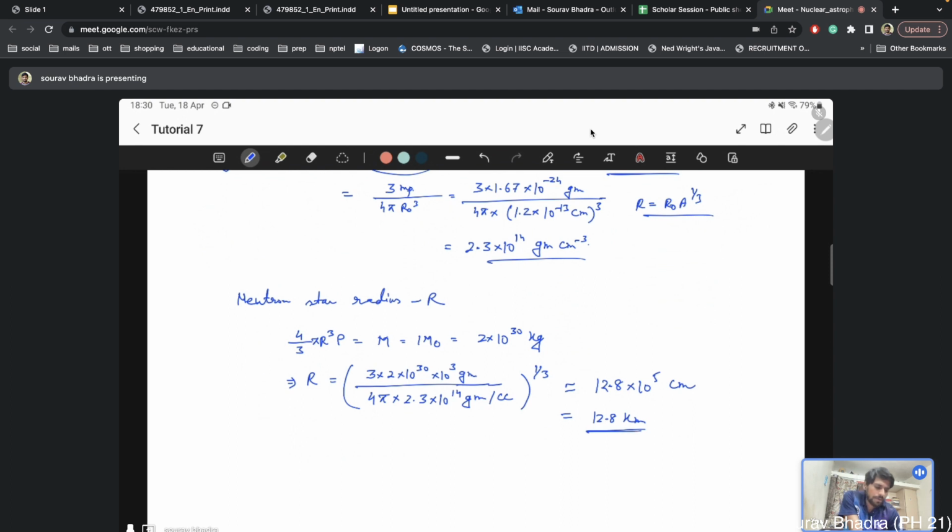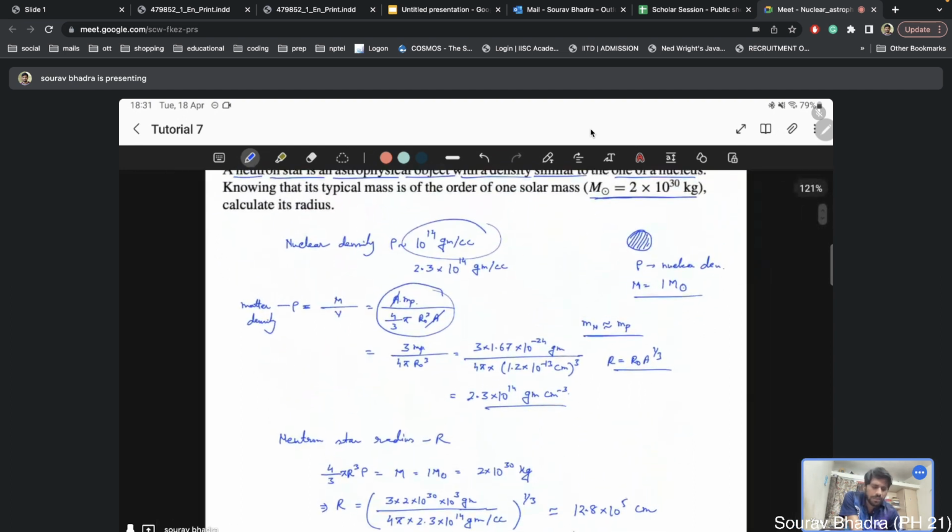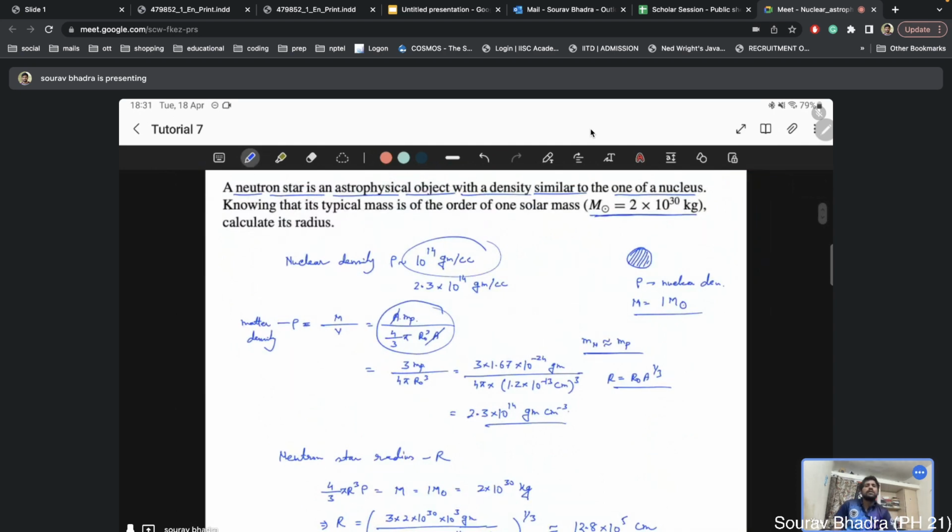So you can see from a very simple assumption that the density of a neutron star is in the range of the nuclear density, and by assuming a typical mass of a neutron star, that is 1 solar mass, because you know that a neutron star is the remnant of a star which has gone through the explosion.